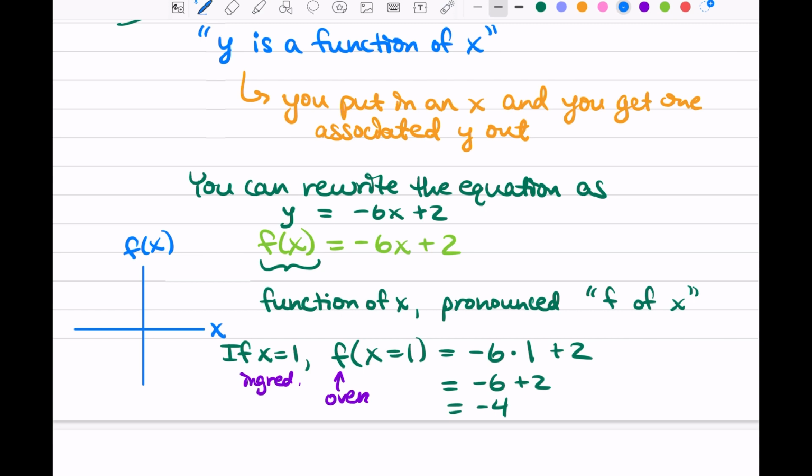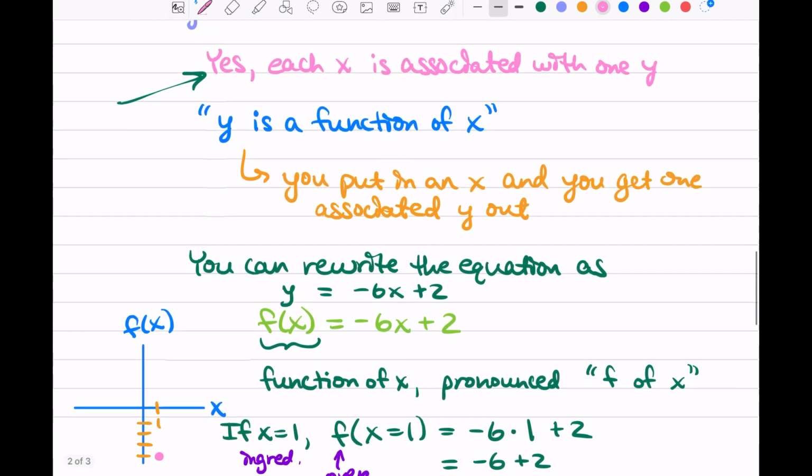So instead of y there, we just replaced it with f of x just to emphasize that we have a function. So you would just plot this in the same way. If we have x equals 1, pops out a negative 4, well, we go right on our axis to 1, and we go down 4, and then we plot our point.